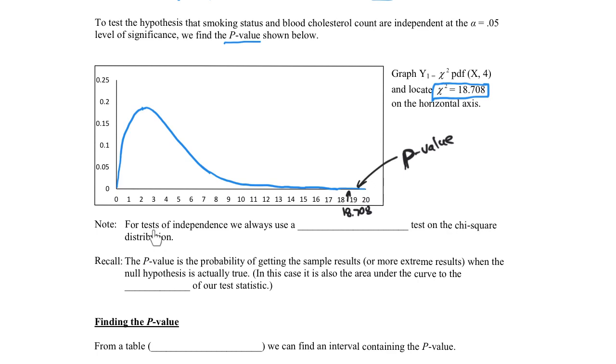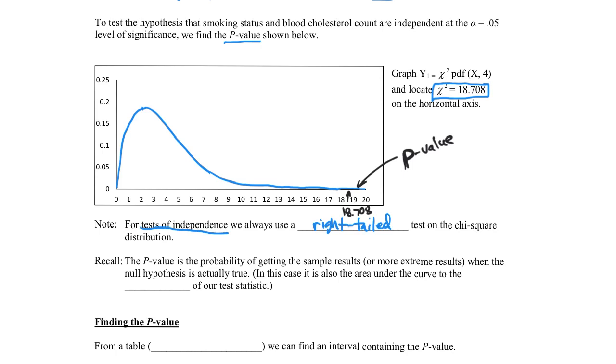It turns out for these tests of independence, we always use a right-tailed test. So that makes it kind of easy. It's going to be a right-tailed test all the time. And it'll be easier anyway because our calculator, like I said, will do the work for us. But it's just something we need to know: a test of independence is a right-tailed test.